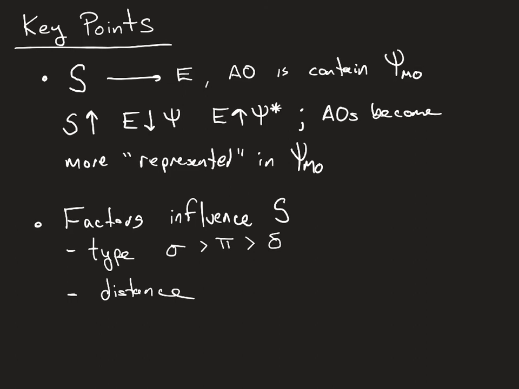The distance dependence, so how far apart your nuclei are, is going to influence how much overlap you're going to have from the wave functions. And also your angular orientation. Are those two orbitals meeting head on, or is one in a node relative to the other?